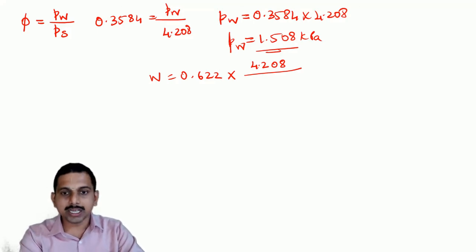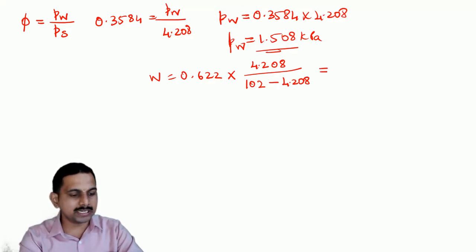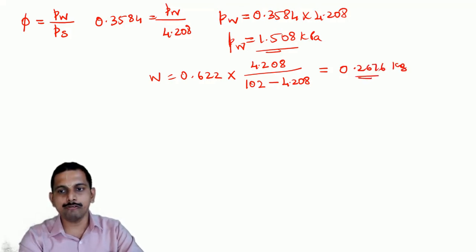And here, instead of 98 last time, this will be 102 minus 4.208, and the answer I get is 0.2676. I'm sorry, I'm very sorry, there's an order of magnitude change here: 0.02676 kg per kg of dry air.